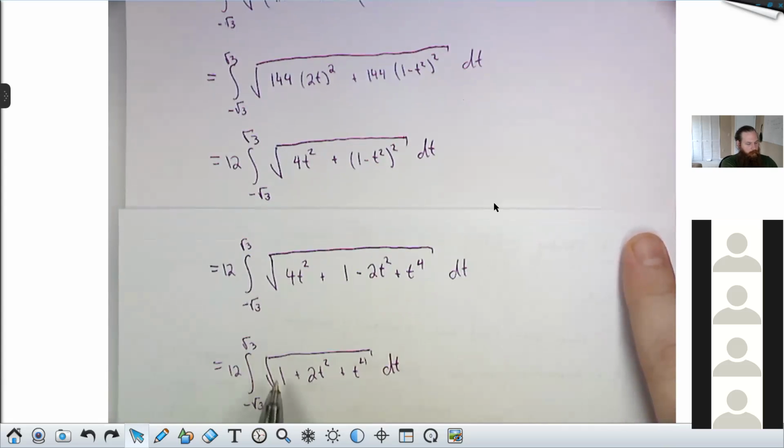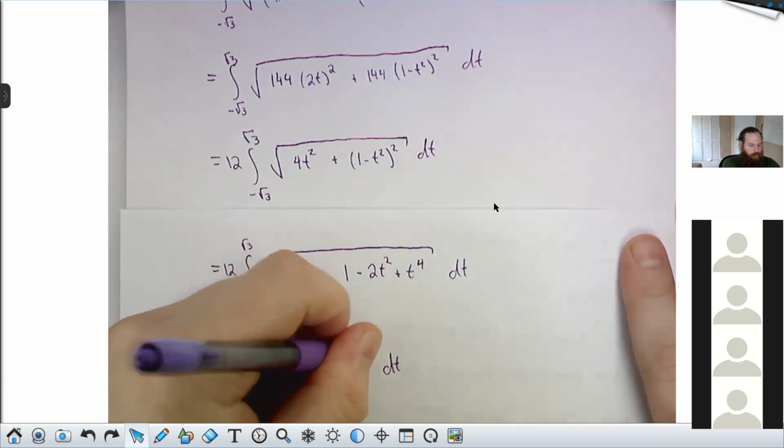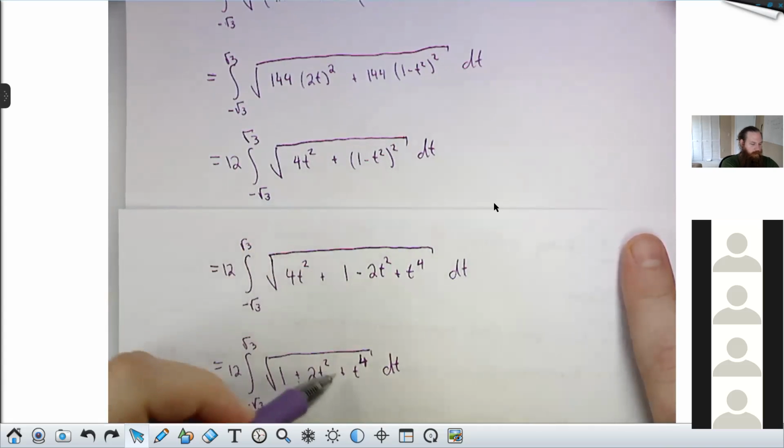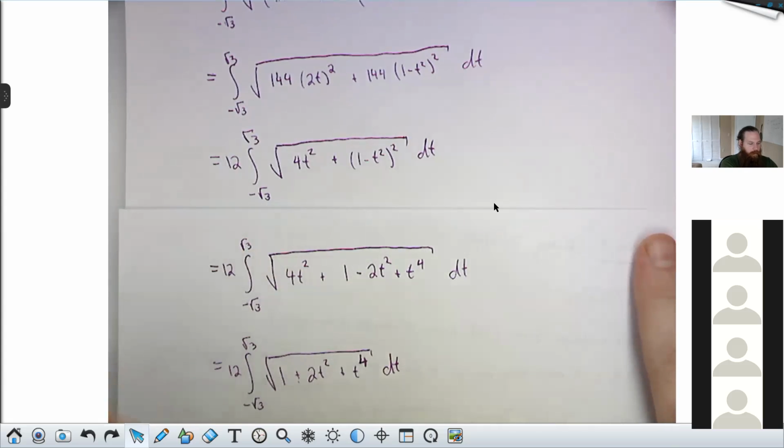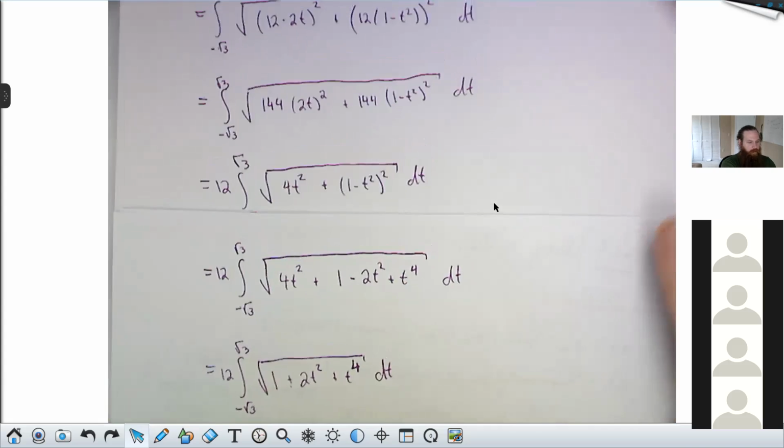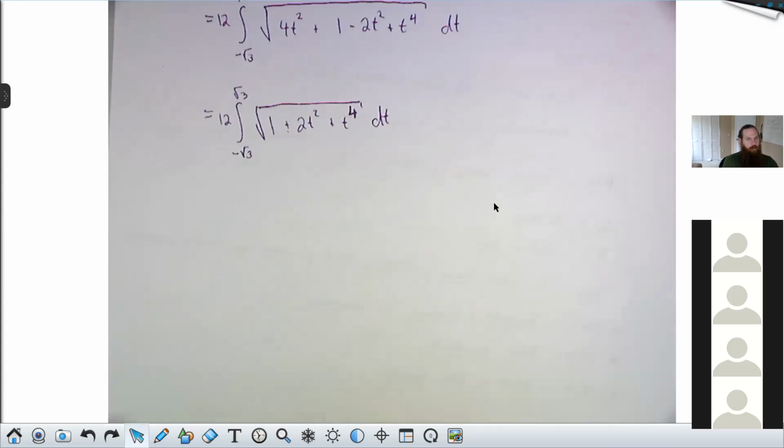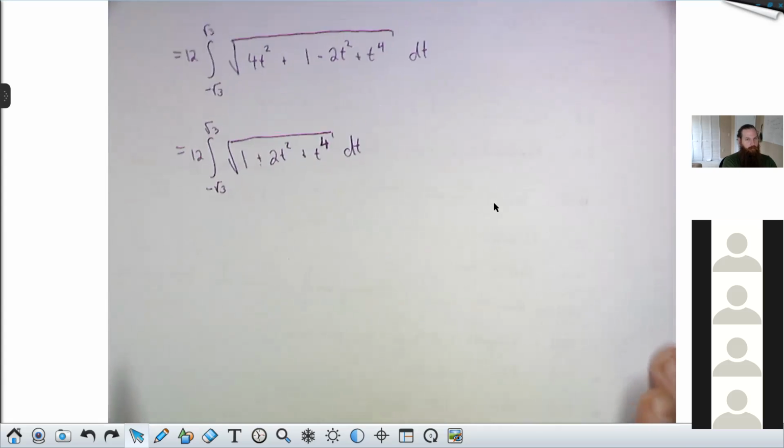Now I can't give the square root to each of these pieces on their own. That does not work, never works. Square roots do not play nice with addition. But if I could factor the thing under the square root, that might help. Does anybody see a way I can factor the radicand here? t squared plus 1.